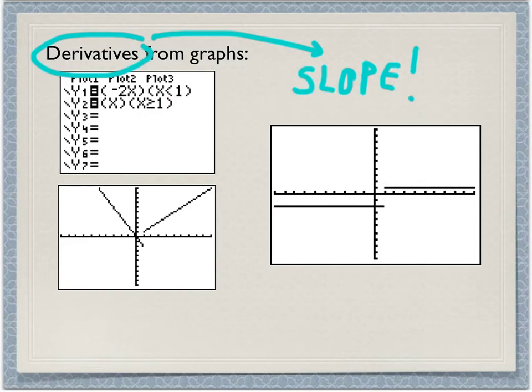And then in similar fashion, since the slope of y equals x is 1, we'll graph y equals 1, again a constant or a straight horizontal line, graphed when x is greater than or equal to 1. So that's the slope. If this is my original function f of x, then this would be my f prime of x, or my derivative would look like this graph right there.